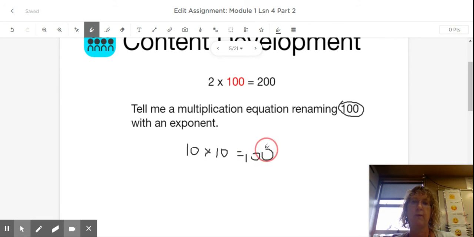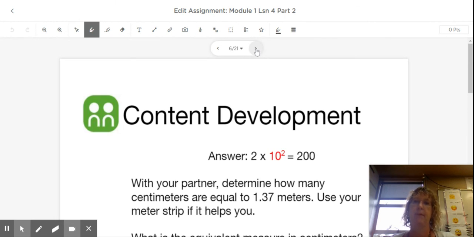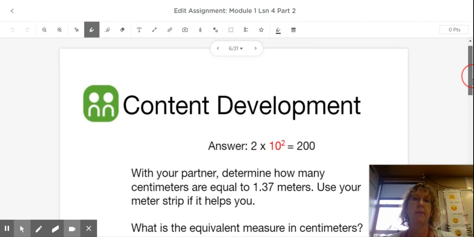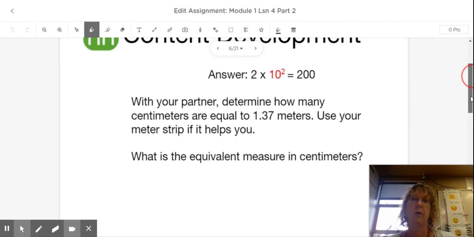My numbers tend to slope when I'm drawing them with my mouse. Which also equals, right, I have 2 10s, I have 2 zeros, so it's 10 to the second power. 10 to the second power, okay? All right. We're going to see that on this slide. Yep, 2 times 10 to the second power.